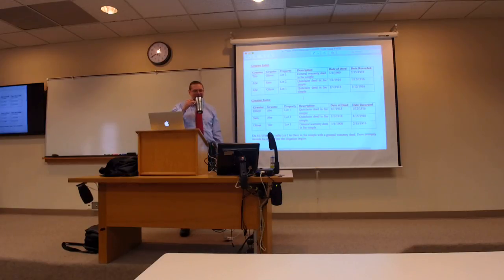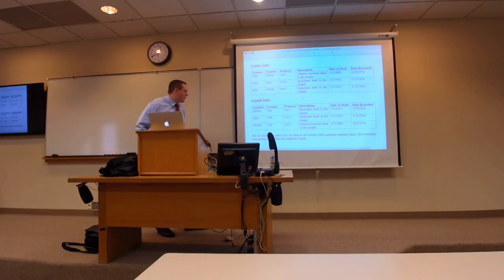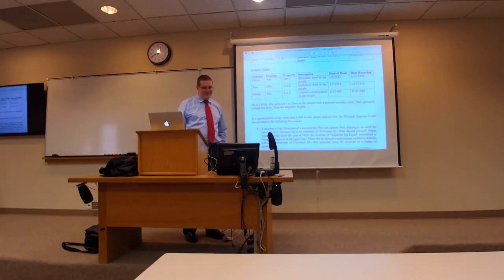Again, presume on the exam that someone's a scam artist. It happens every year. Okay, so now Abe on March 1916 sells lot 1 to Dave. In fee simple, the general warranty deed. Dave records his deed, and we have some litigation.